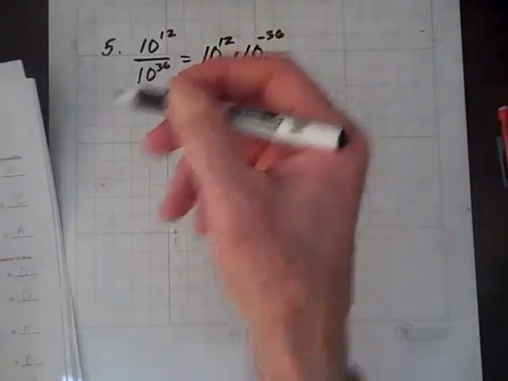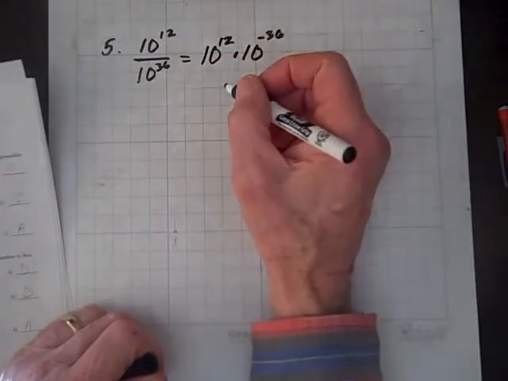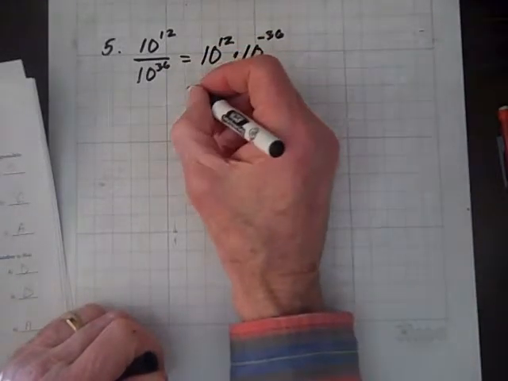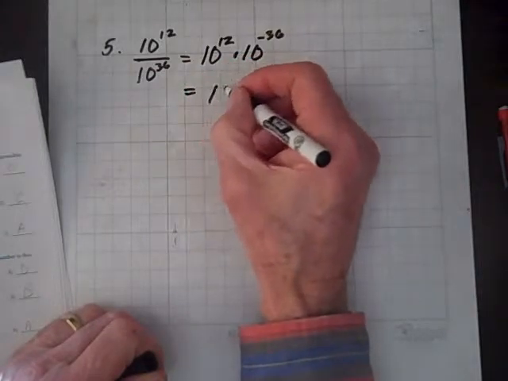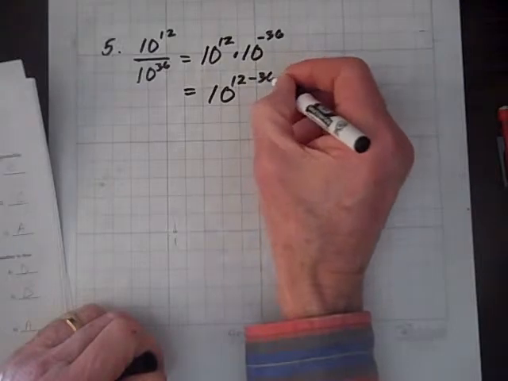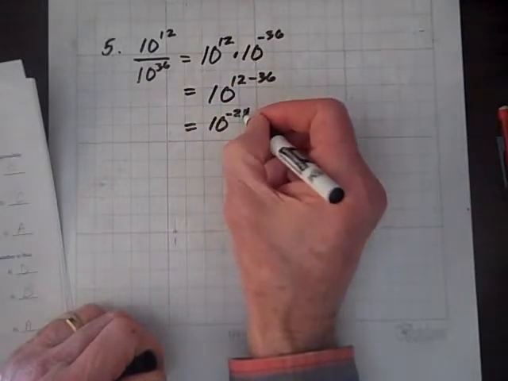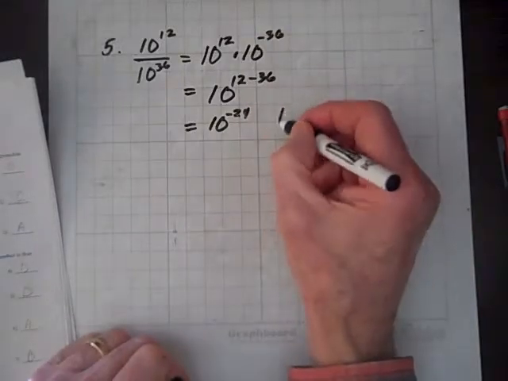We move the position of 10 to the 36 up into the numerator, and so we have to change the sign on the exponent. Now the bases are identical, so we can go ahead and add the exponents, and that equals 10 to the negative 24th. And again, that's D.